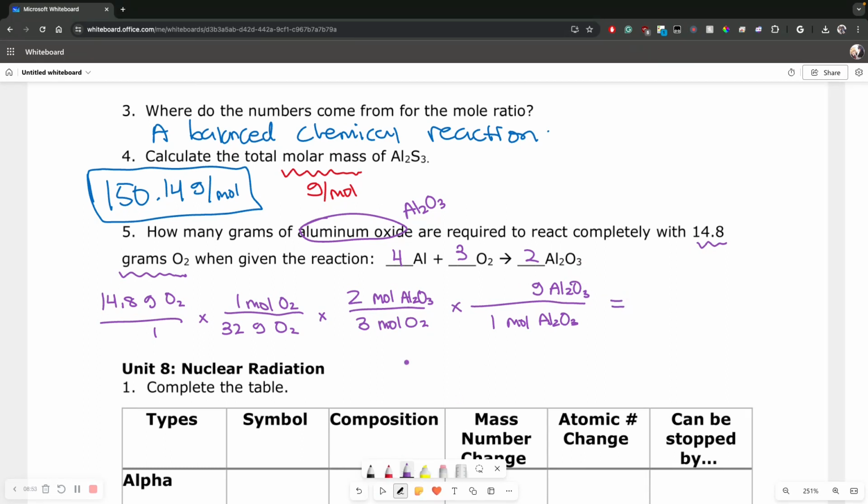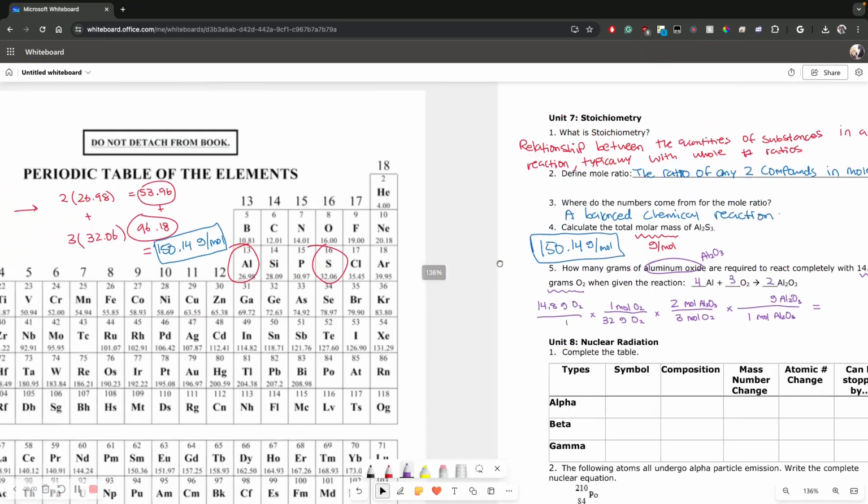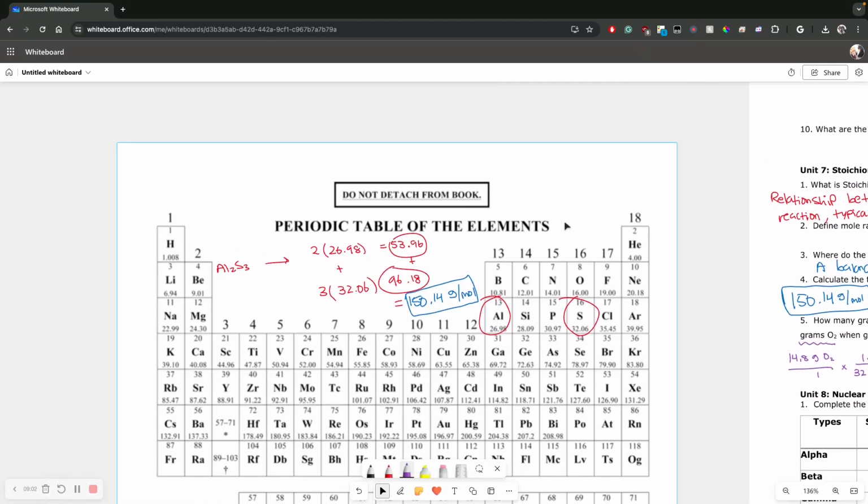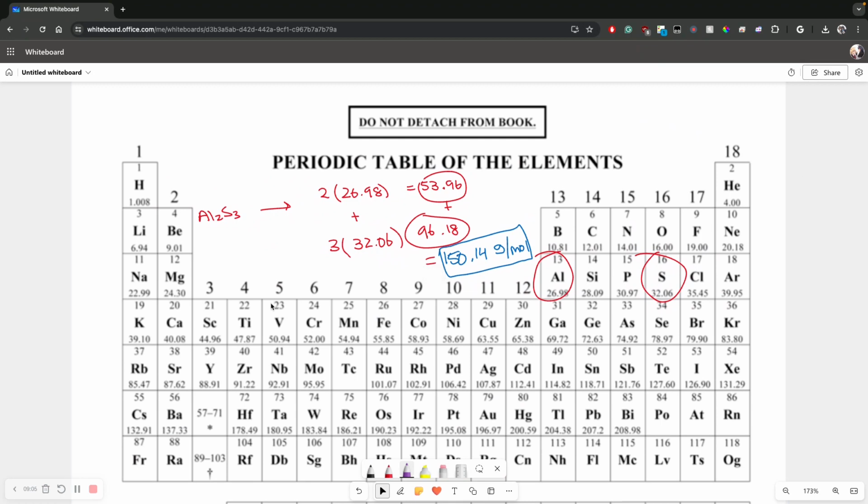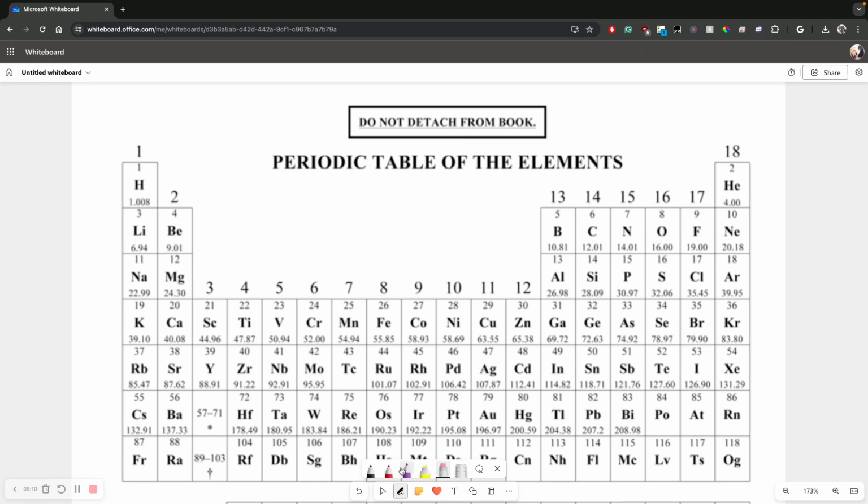Let's calculate the molar mass of aluminum oxide real quick. Let's use our periodic table again. All right, Al2O3 is what we're trying to find. Aluminum and oxygen. Al2O3. So we have two aluminums, 26.98, plus we have 3 oxygens, 3 times 16.